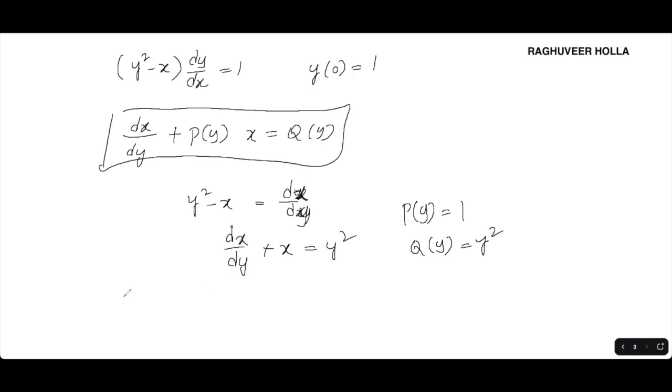So first thing you have to find is the integrating factor over here, which is e to the power of integral of p of y into dy, which is dy alone, which is e to the power of y. Now let us substitute it. Any doubts? Please ask.